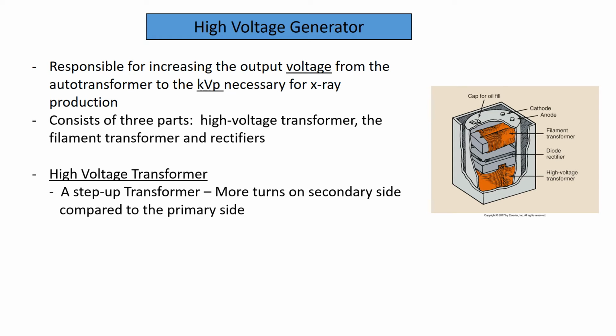When we say step up or step down, what we're referring to are the changes in voltage. So if we have a step-up transformer, we're going to bring up the voltage, but at the same time, the amperage is going to go down, and vice versa then for a step-down transformer.